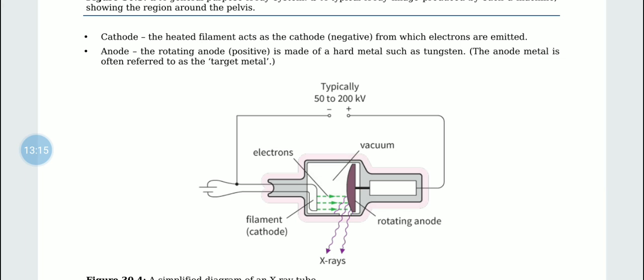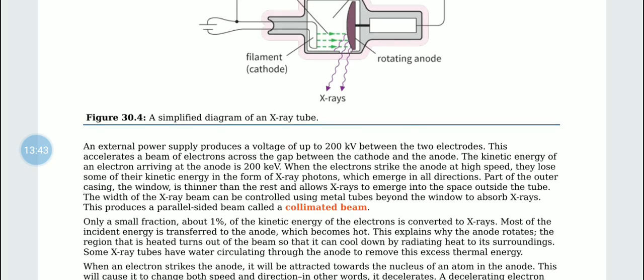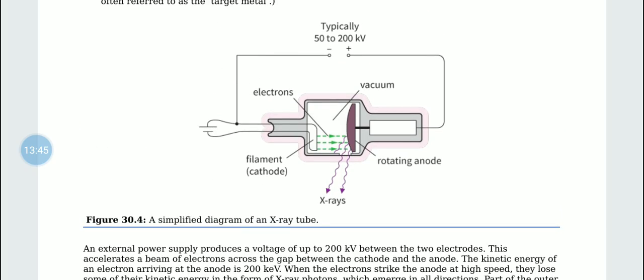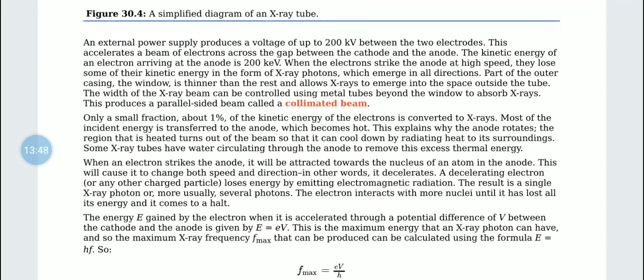The anode is usually a rotating anode, within brackets write, to prevent heat from getting built up, close brackets, which is made of hard metals such as tungsten. Please draw this figure 30.4, you would understand it better.